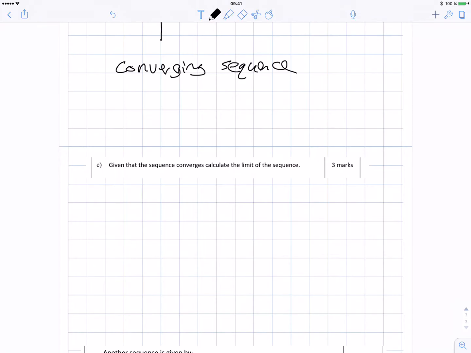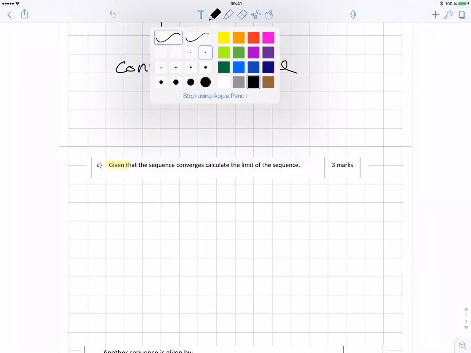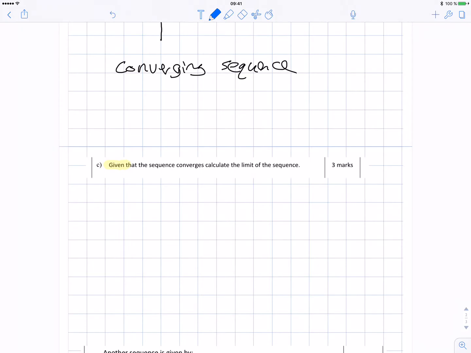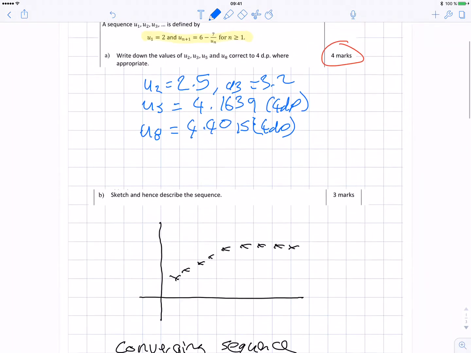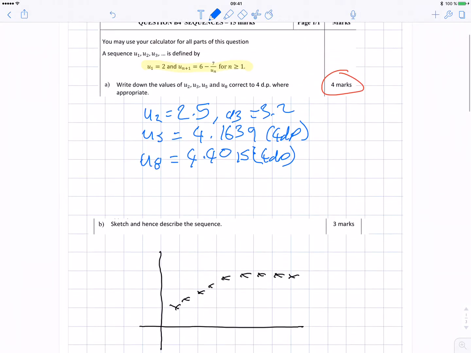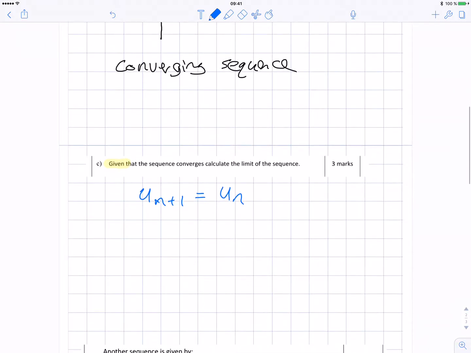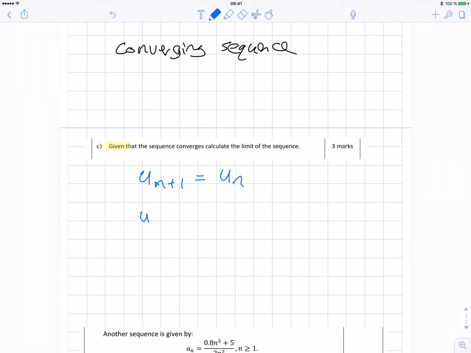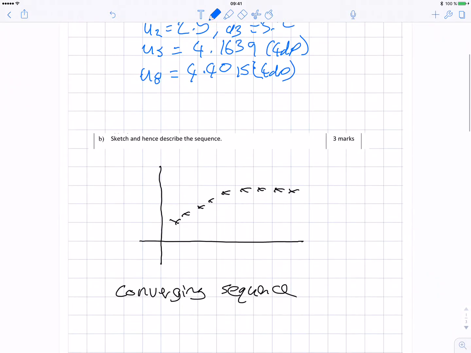We know it's converging, it says it's converging, so I can do the following. I can say that when it converges, un plus 1 is equal to un. So we take the sequence, un is equal to 6 minus 7 over un.